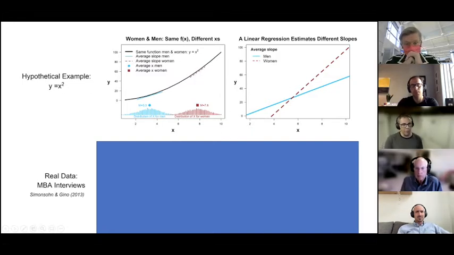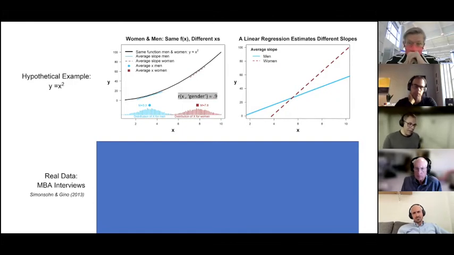So we estimate women as having a steeper line than men, even though it's the same non-linear function. Let me say that again because I messed it up. We have one true function, but it's not linear. When we estimate a linear function and we force it to be linear, we end up estimating two linear functions.